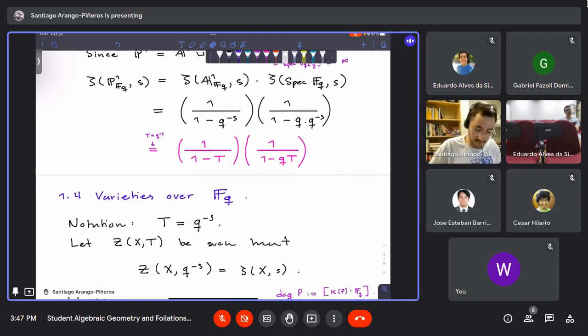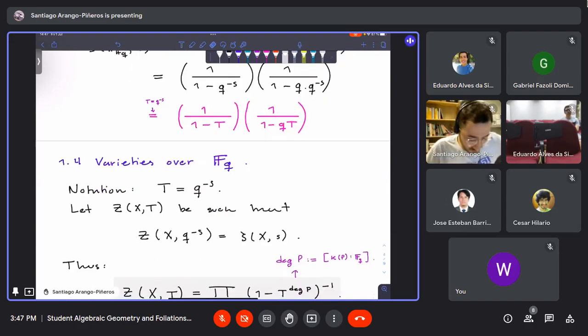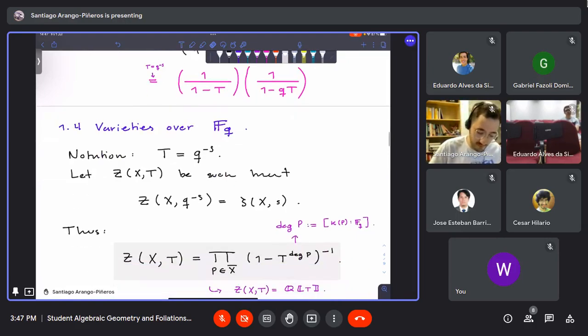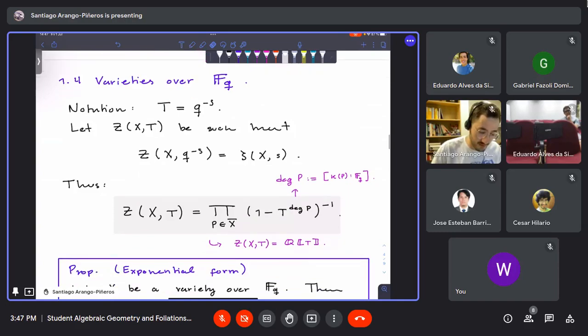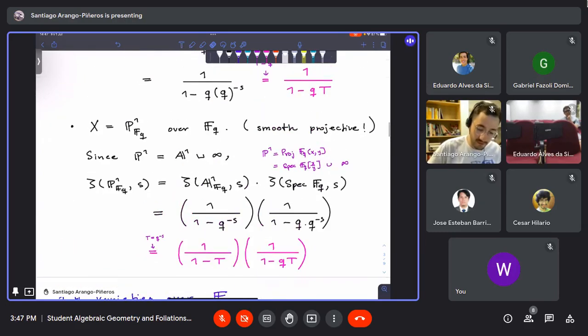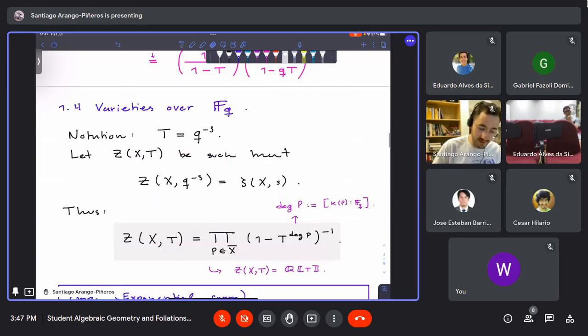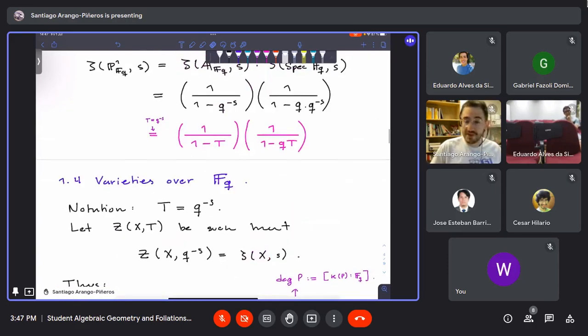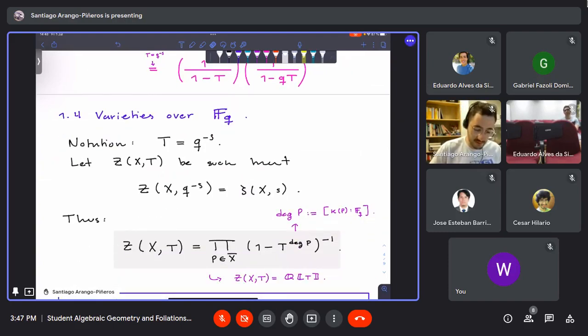Okay. Now we're going to focus on varieties over a finite field, which are the topic of the Weil conjectures. As you noticed, in all of our examples that were varieties over finite fields, we ended up with a rational function in terms of q to the minus s. To make things a little more transparent, let's make this change of variables once and for all.